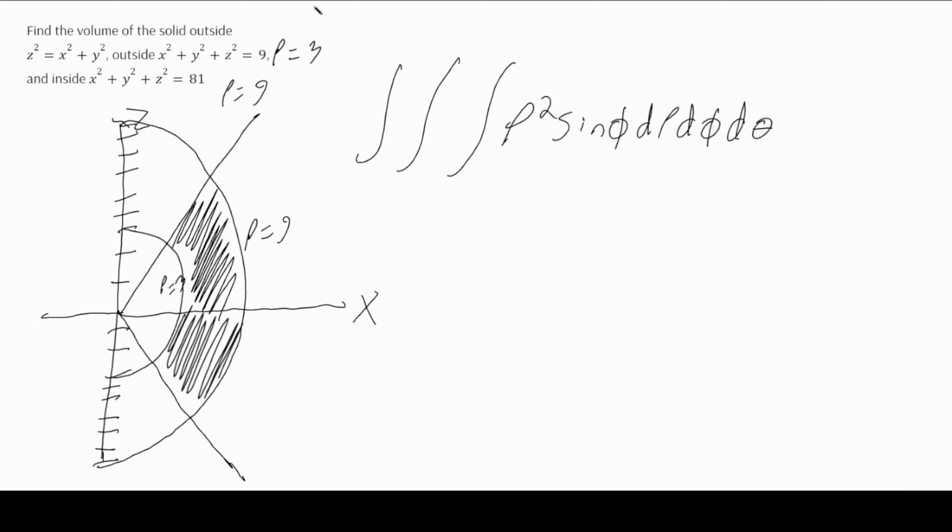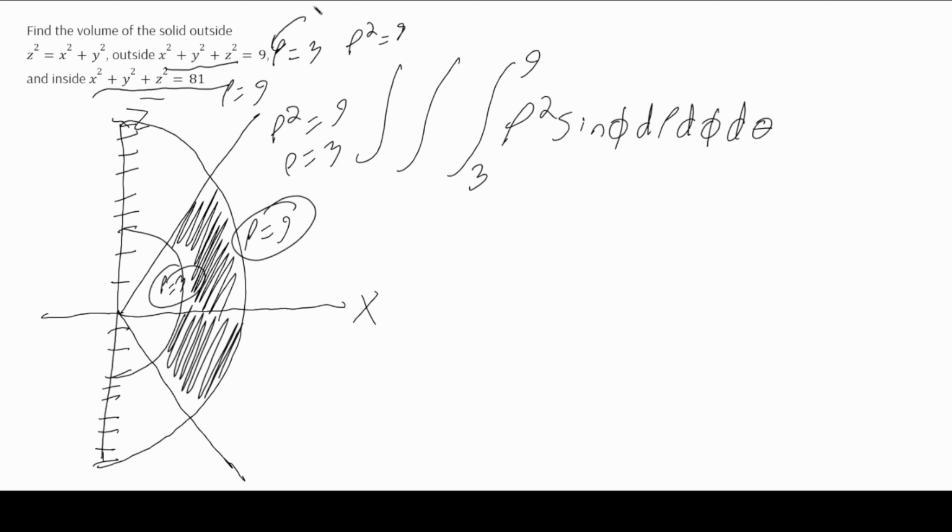So rho is going from 3 to 9, because x squared plus y squared plus z squared is always equal to rho squared. So rho is equal to 3 right here. For the outer sphere, x squared plus y squared plus z squared, we could just write rho squared is equal to 81. That means that rho is equal to 9. So rho goes from 3 to 9.